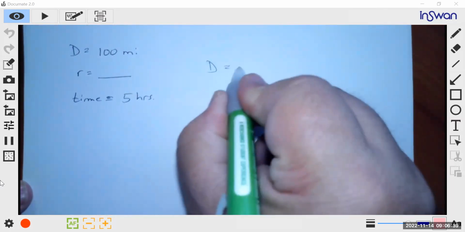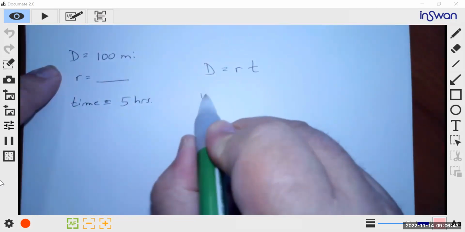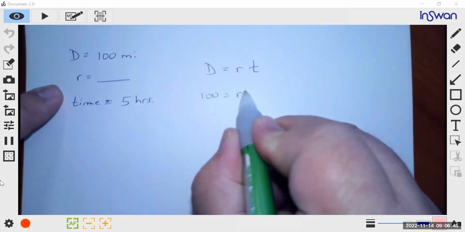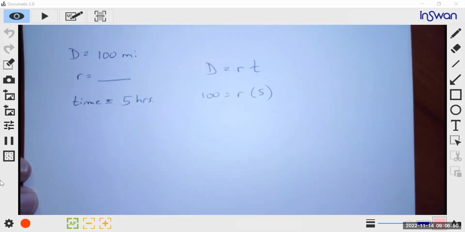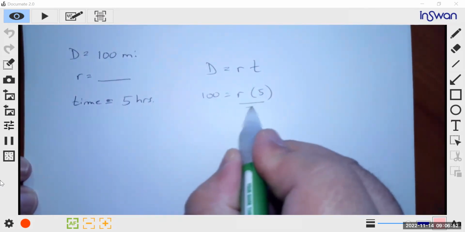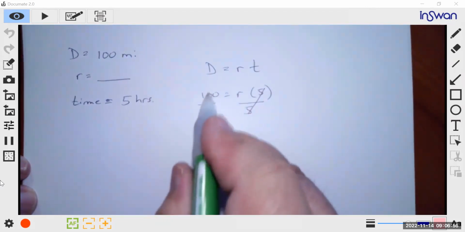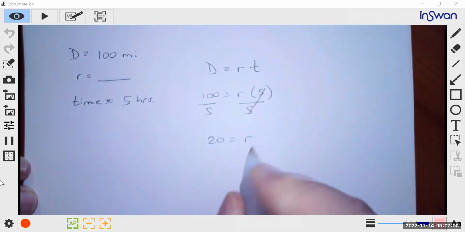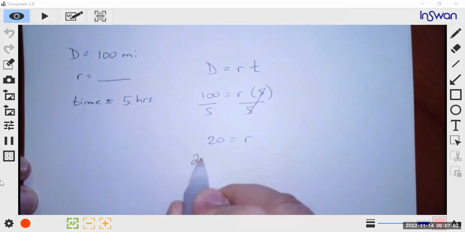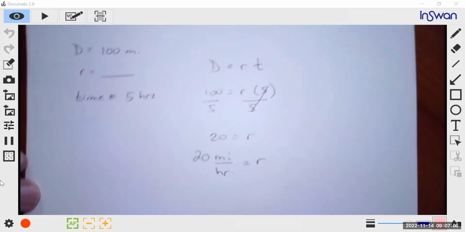Let's see here. We have distance equals rate times time. Distance equals, we don't know rate, times time. Since we're looking for rate, we have to divide both sides by the 5. 100 divided by 5 is 20. So my rate is 20 miles per hour.